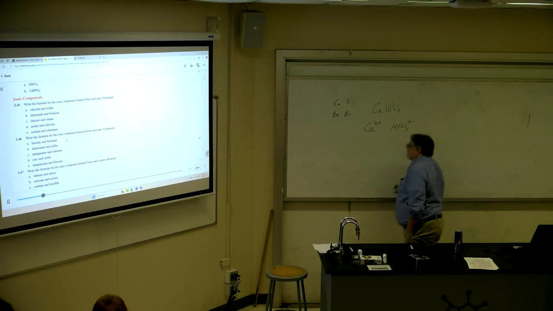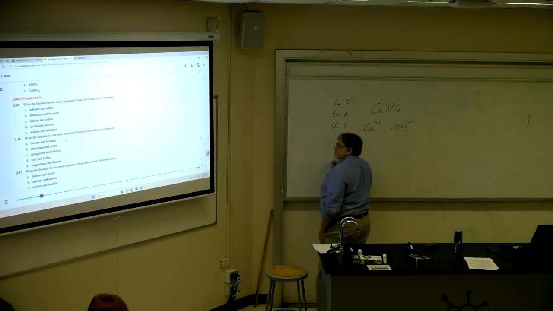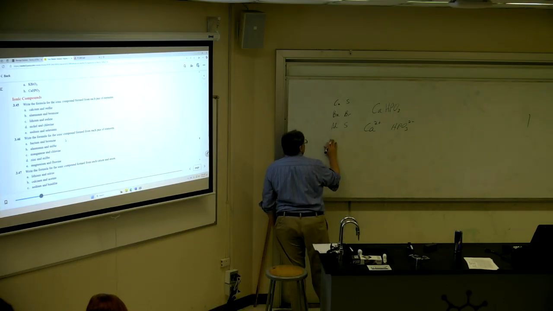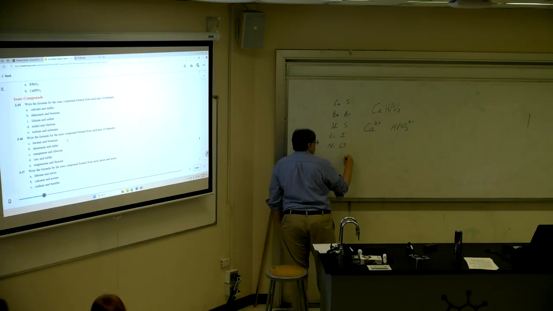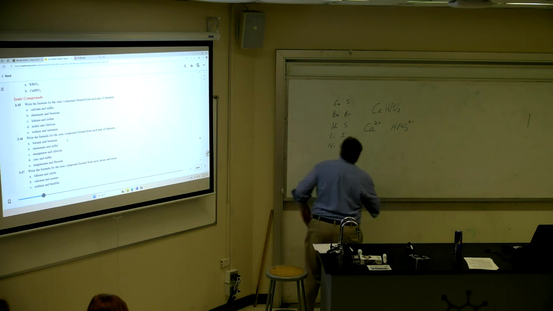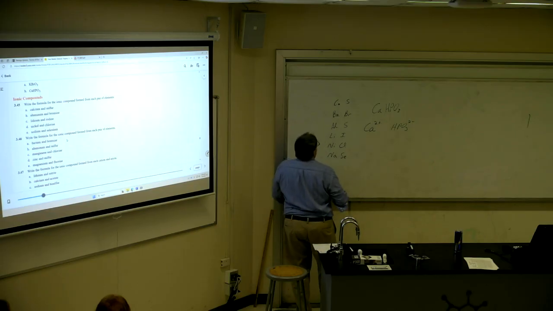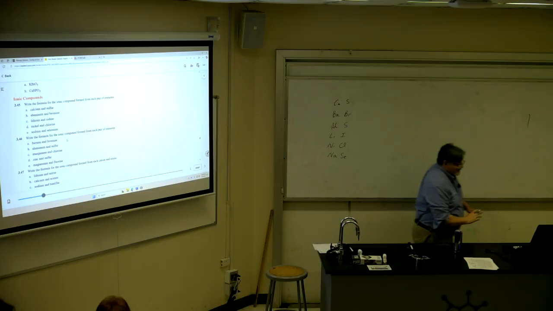Barium and bromine. Aluminum and sulfur. Read those other ones to me after aluminum and sulfur. Lithium and iodine, nickel and chlorine, sodium and selenium.